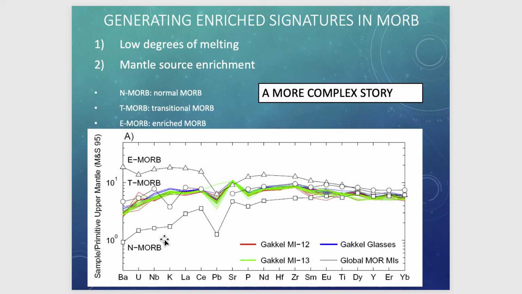So we talk about on the order of 400 kilometers for ocean island basalts. Instead, in this case, the magma can be relatively shallow, on the order of tens of kilometers. Remember here the scale is your sample divided by a primitive sample of the upper mantle, a sample that could be a lherzolite that is undifferentiated, so relatively fresh.